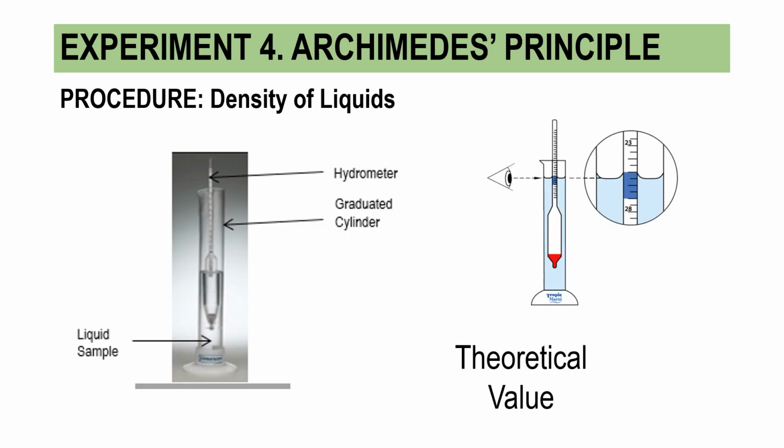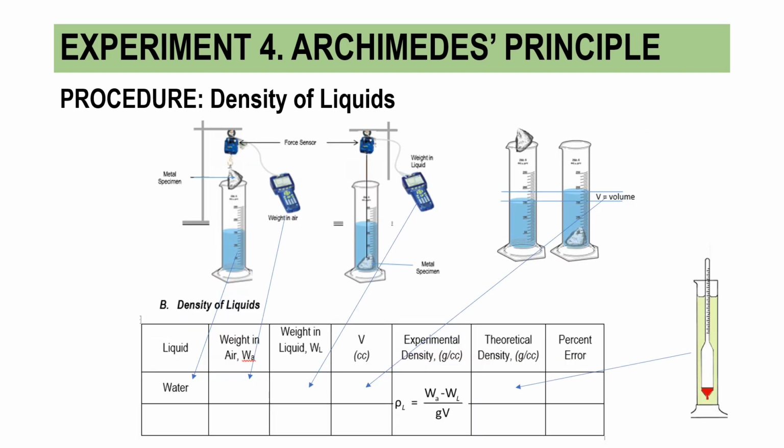In getting the theoretical value of the density of liquids, we have to use a hydrometer. The hydrometer should be placed inside the graduated cylinder. We have to look at the lower meniscus. Whatever the reading on the hydrometer is, that is the theoretical value of the density of the liquid. The weight in air should be placed in this column.